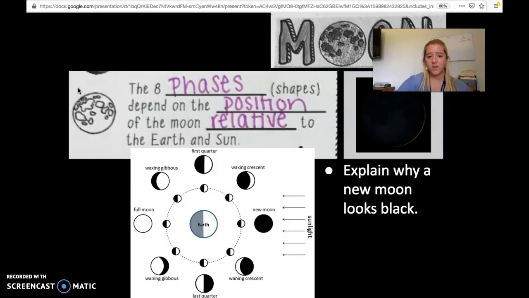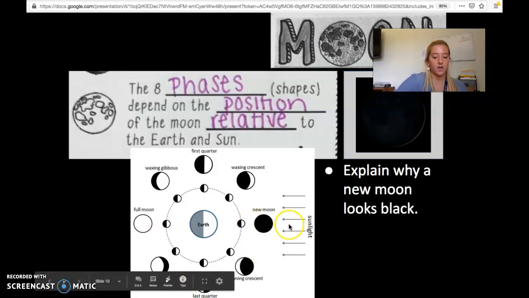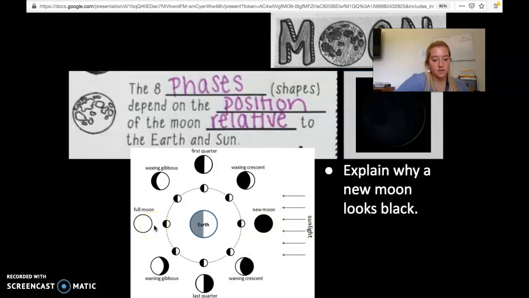So the moon has 8 phases or shapes depending on the position of the moon relative to the earth and sun. The new moon actually looks black, or you cannot see it for the most part, because the sunlight is not reflecting off the surface.